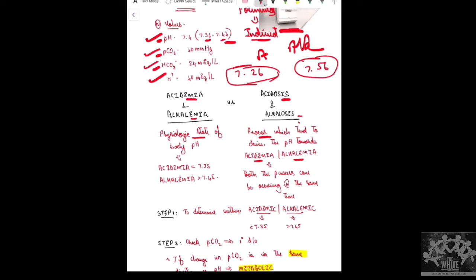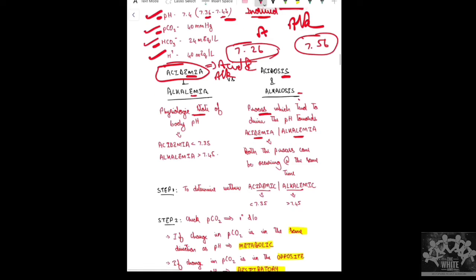Acidemia is the state the body pH is in. So if there is acidemia, both acidosis and alkalosis are possible, but the body is in acidemia. Both processes can occur at the same time. How this happens, we'll see further in the lecture.